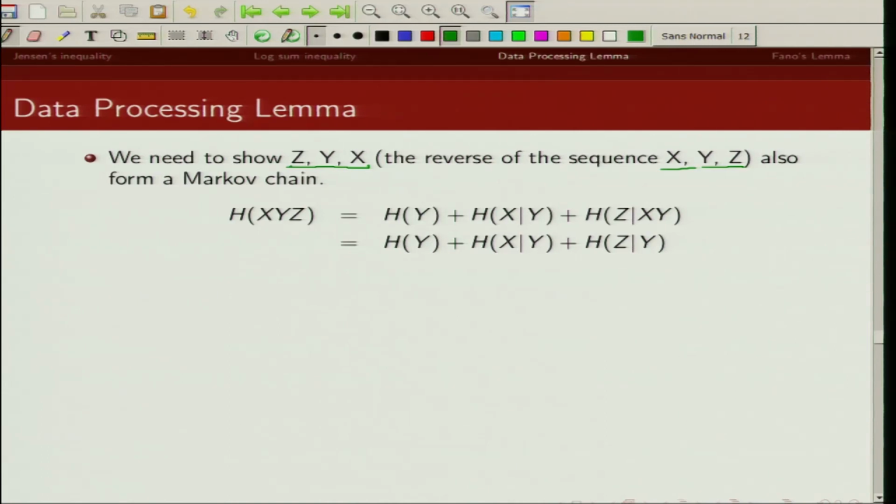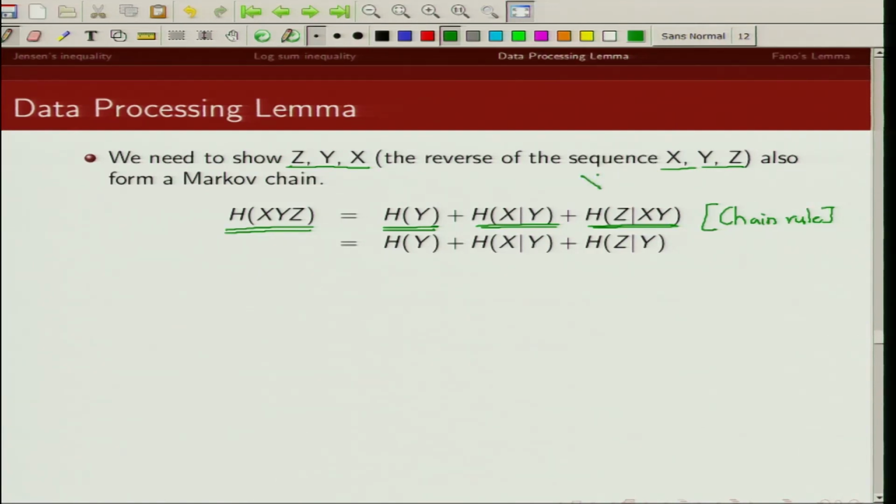So to prove this, we will first consider the joint entropy of x, y and z, and applying the chain rule we can write this as uncertainty in y plus uncertainty in x given y plus uncertainty in z given x, y.